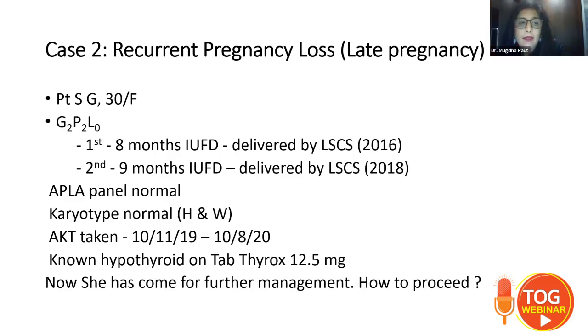Now, what do you advise for her? I think if everything else has already been done, you can do one simple test of either HLA cross match and TNF alpha. And then ask them to do immunotherapy. First do lymphocyte immunization therapy and then plan the pregnancy.